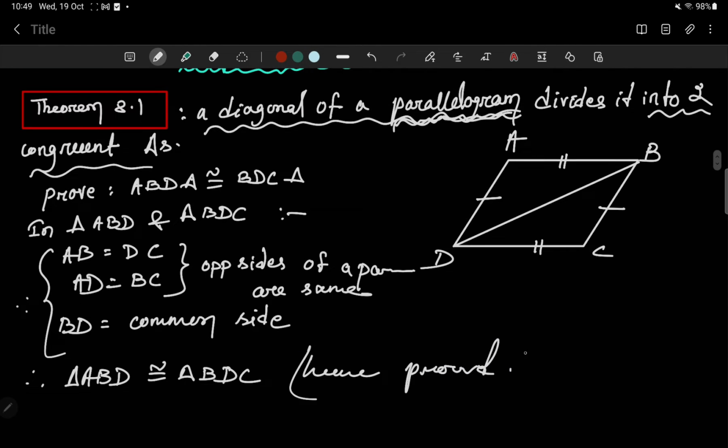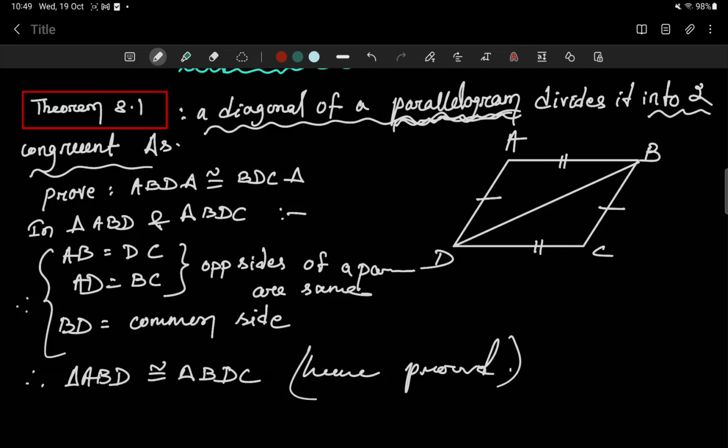If in your exam it comes to prove that a diagonal of a parallelogram divides it into two congruent triangles, you just have to make a diagonal and prove that both the triangles are congruent. It's the easiest one. Also, a question may come where you need to use this theorem.